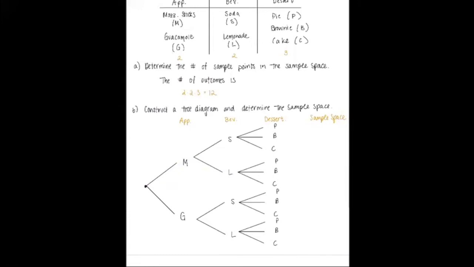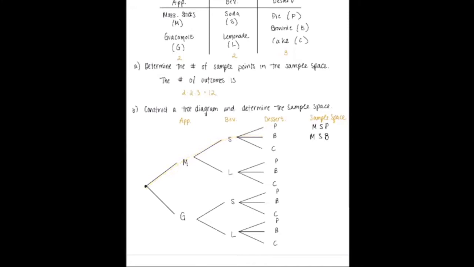Okay. And now to get my sample space, I just follow all the branches. So I can pick mozzarella sticks going through this first branch, pick mozzarella sticks, soda, pie. Following a different path, mozzarella sticks, soda, brownie.